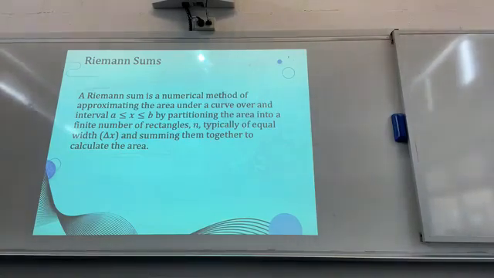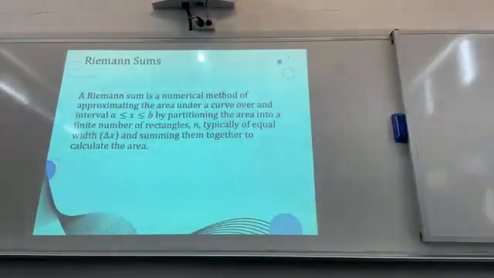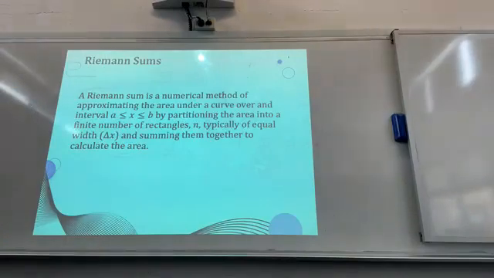Something like this. So you've got, actually, it's rectangles rather than squares. You've got something like this. You could work on it. And remember, the width is of equal width.